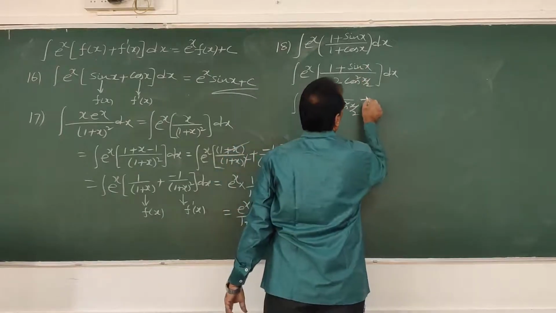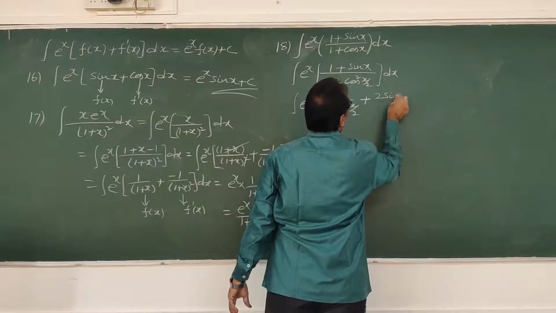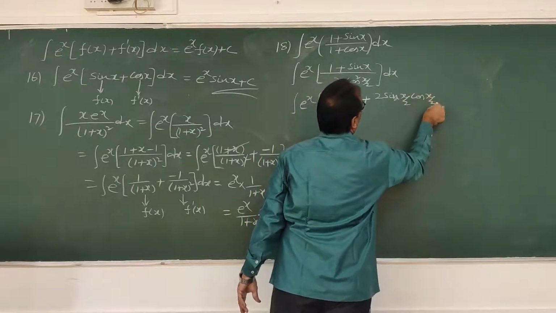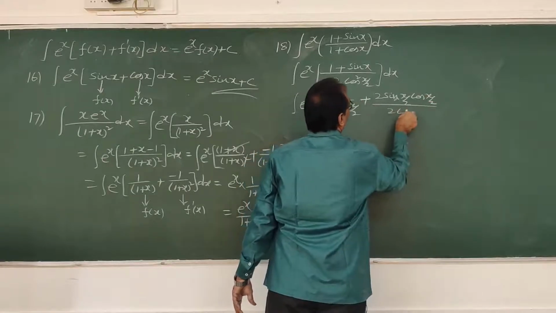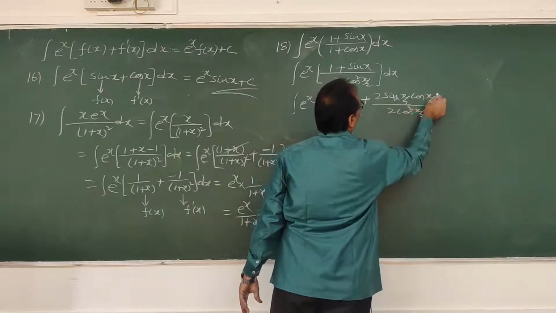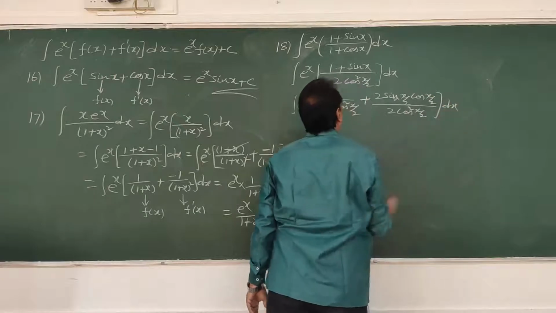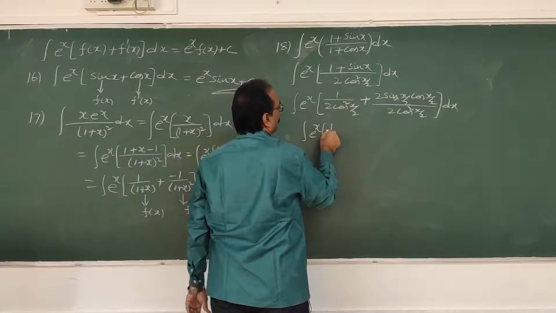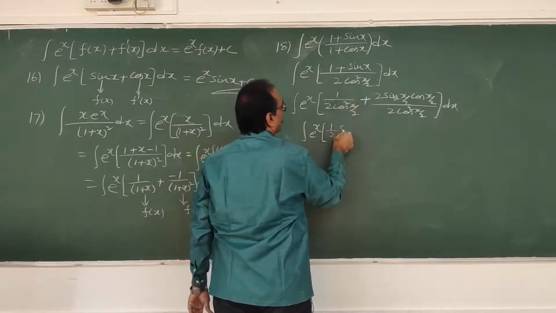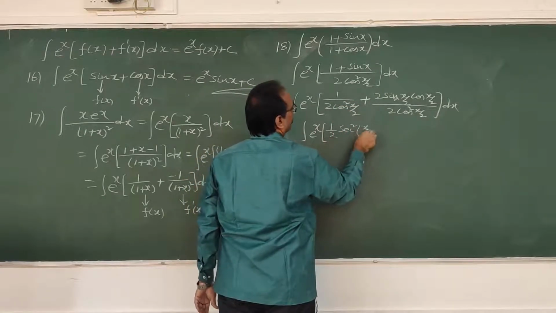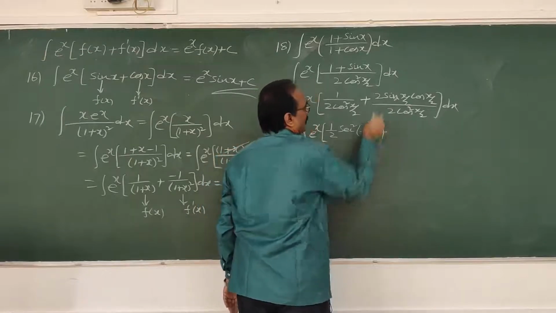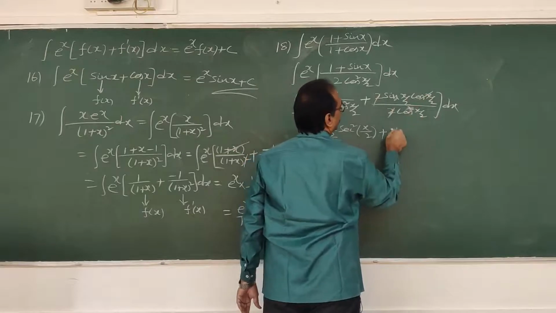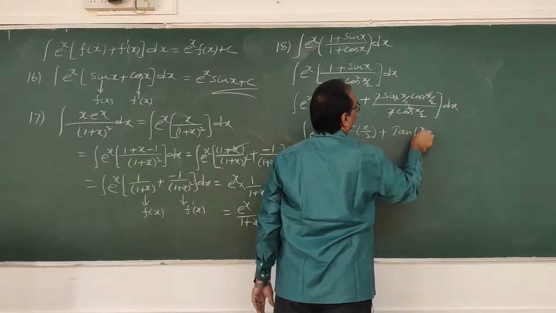We can write sin x as 2 sin(x/2) cos(x/2), because we know the formula, so that both will be the same angle. So the integral of e^x into 1 by 2 times 1 by cos²θ, that is sec²(x/2), plus here cos(x/2) squared cancels, sin(x/2) by cos(x/2) is tan(x/2) left over.